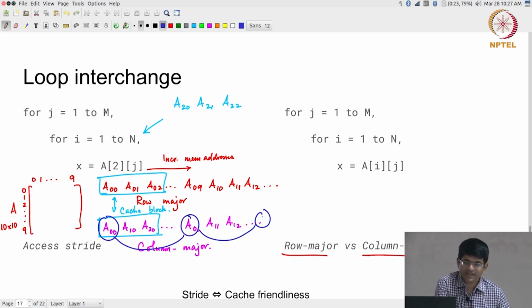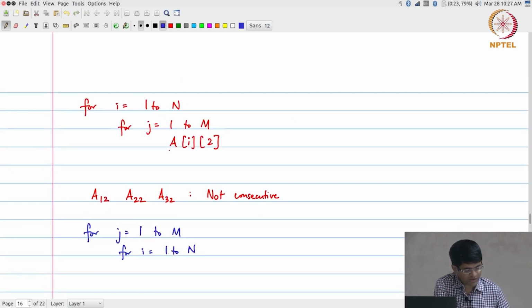So if I can at least switch the order of the loops i and j, what will happen is, when I do this, I will read a of i2. Sorry, this is again a bad example, I should have picked this carefully. Actually what happens is, this is the even worse example.